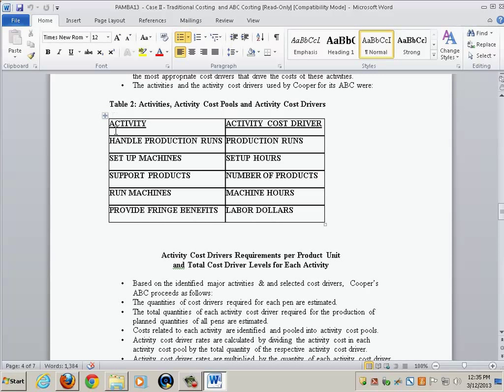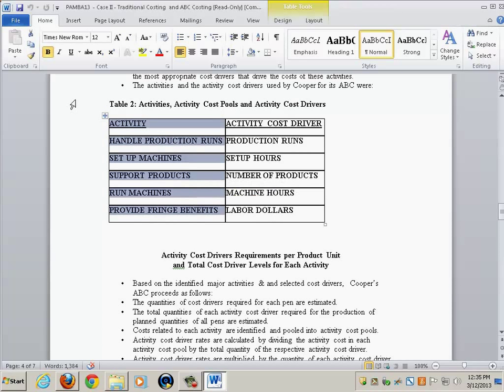Now, in Table 2, the first stage of activity-based costing is identifying in detail the sequence of activities that are used to produce a product or a service, in this case pens. And you have to do a very careful analysis of what are the major activities and identify them and describe them after careful analysis.